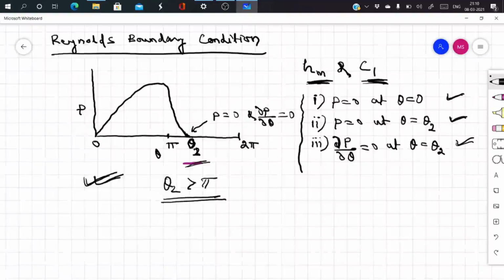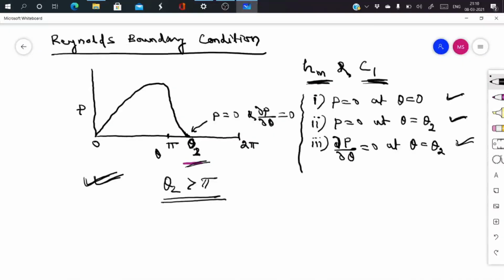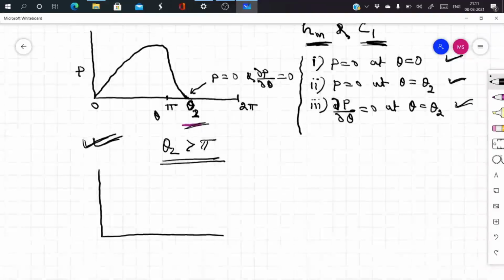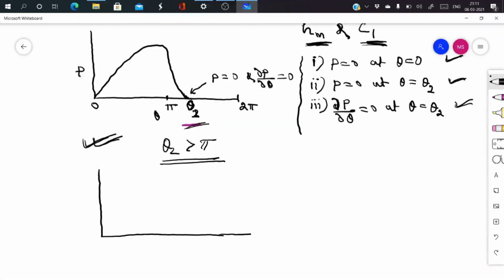Okay. So now another boundary condition that is called JFO, which is used in recent days but is highly unstable to use.